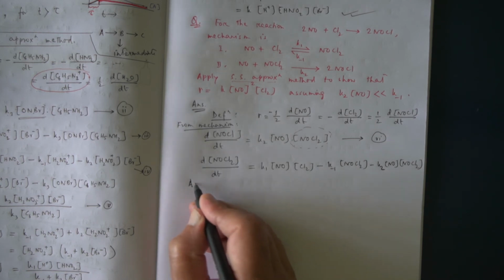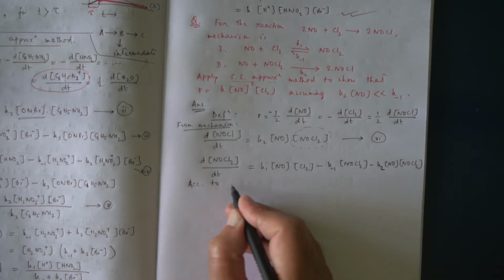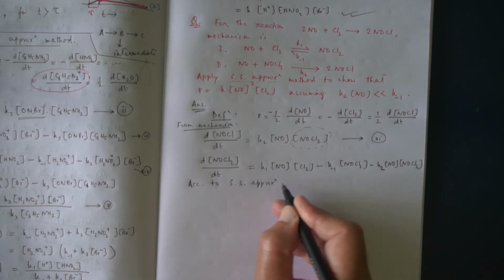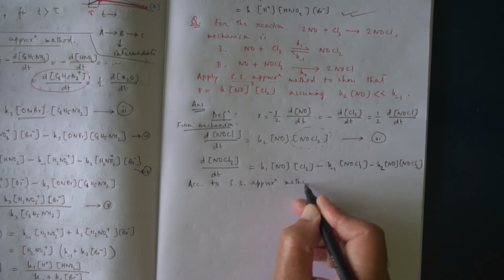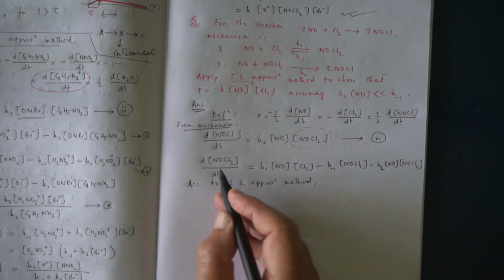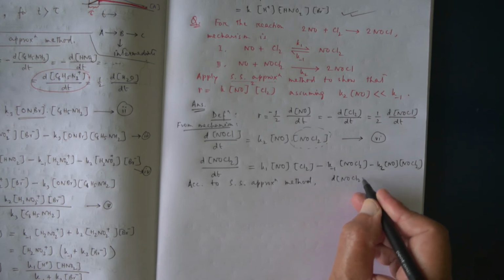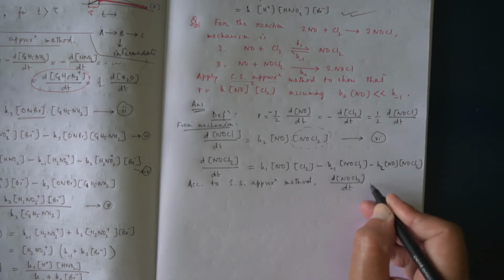According to the steady state approximation method, d[NOCl2]/dt is 0.